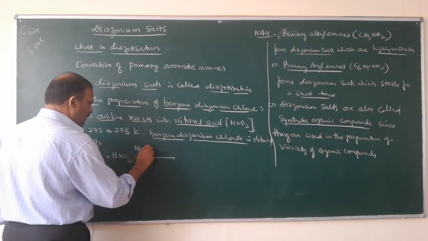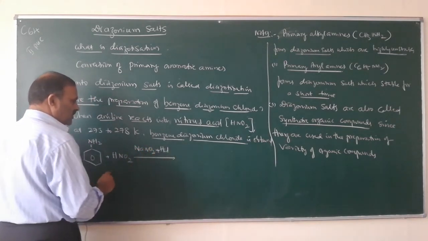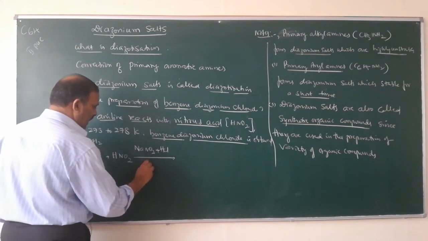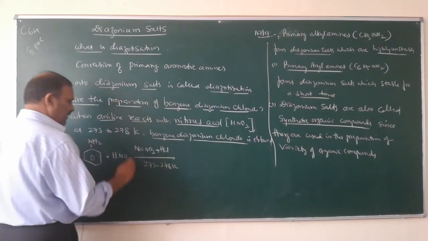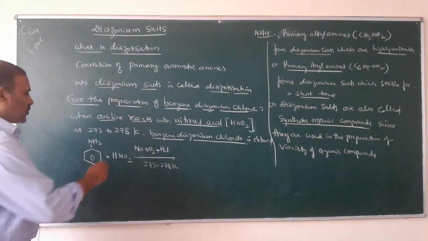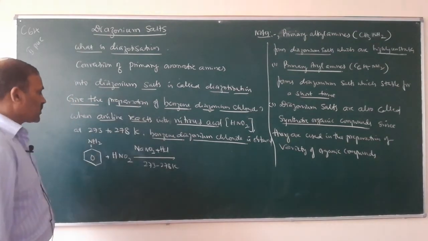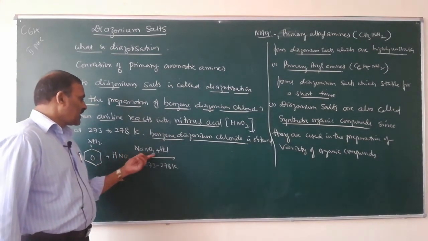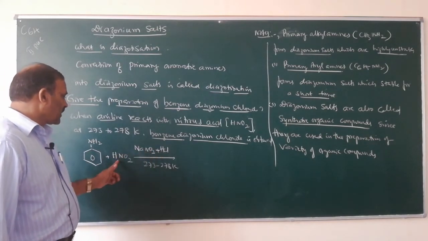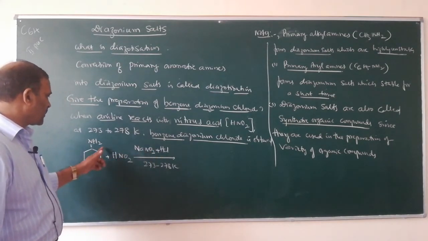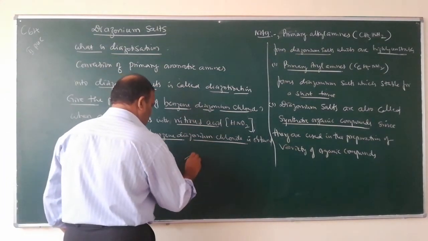When sodium nitrite reacts with hydrochloric acid at 273 to 278 Kelvin. When ice cold solution of sodium nitrite is added into ice cold solution of hydrochloric acid, you will get nitrous acid. So nitrous acid reacts with aniline forming this compound.